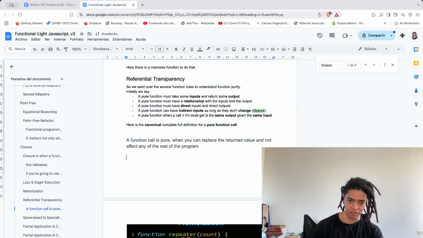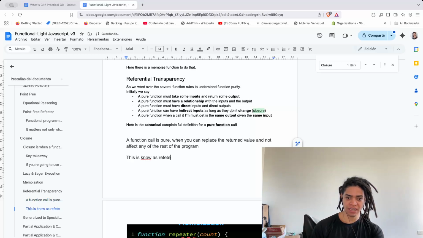This is known as referential transparency.